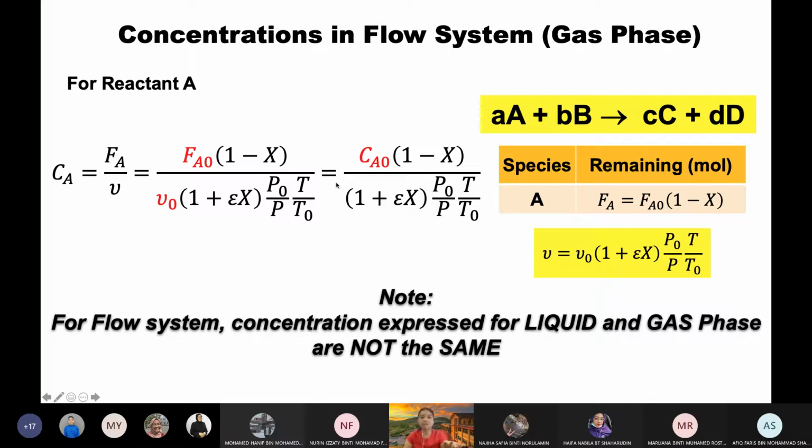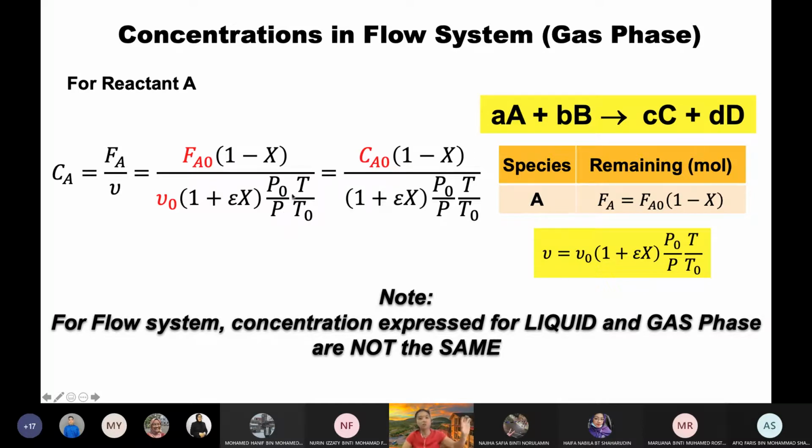So apa beza dia? Kalau tadi kat bawah untuk liquid, inlet outlet volumetric flow rate sama. Sebab tu kita tulis V0. However, for gas dah tak sama kan? Sebab dia menjadi outlet volumetric flow rate equals to inlet volumetric flow rate in bracket 1 plus epsilon X, P0 per P, T per T0.